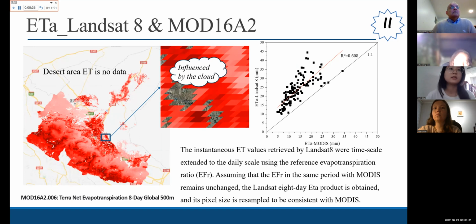Therefore, it needs to be corroborated with other datasets within the region. Comparing the 8-day water consumption obtained by two products, it is found that the value calculated by Landsat 8 is generally higher than that of the MODIS product.